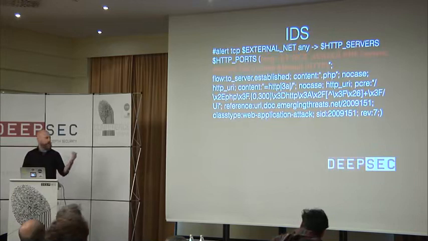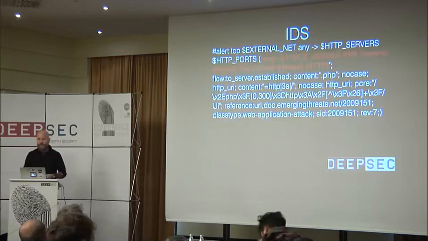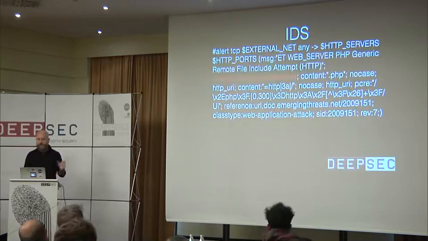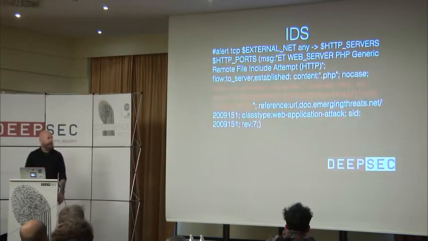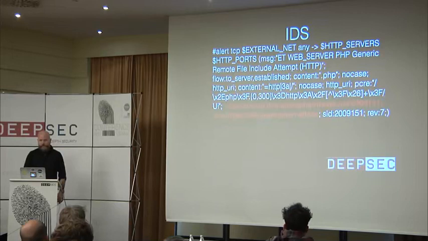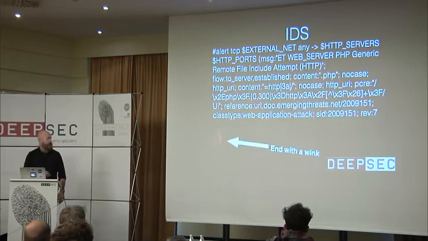It's got a message which you would see in your event console. You've got your flow established, like a connection is happening. It's looking for a certain kind of content, in this case .php, and also some regular expression content, so we can be a little bit dynamic. It's looking for patterns of behavior, and it's got a reference and ends with a semicolon at the end.